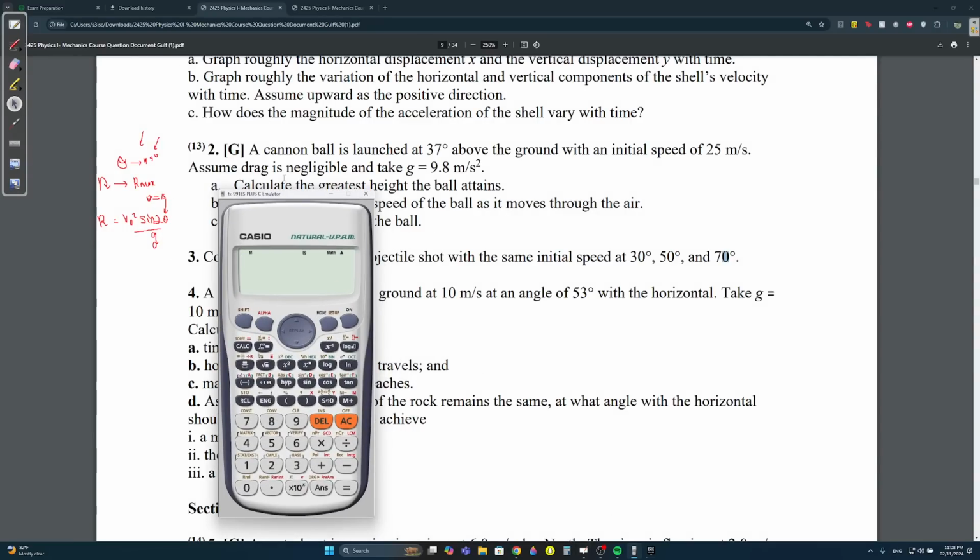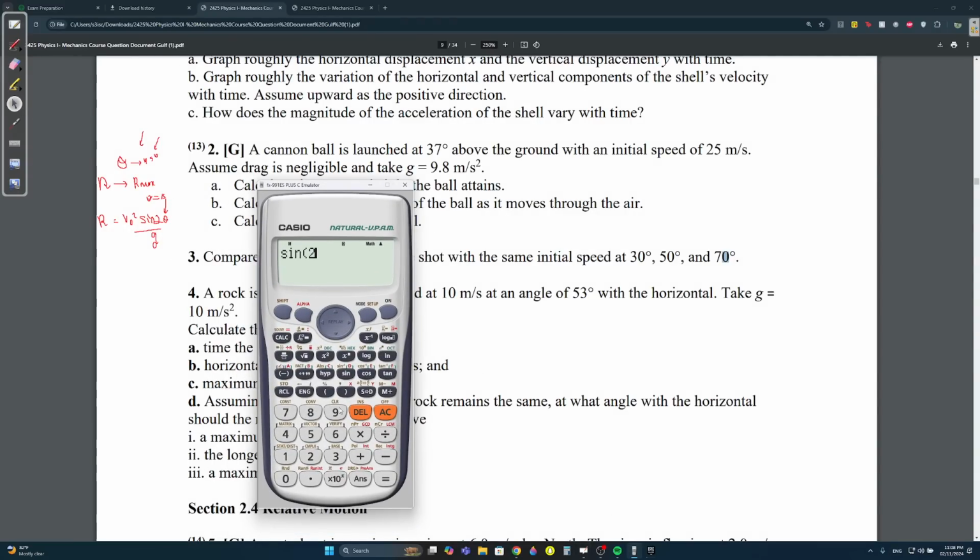How do you compare them? Take your calculator: sine 2 times 30 is 0.86. Sine 2 times 50 is 0.99 or 0.98. Sine 2 times 70 is 0.64.